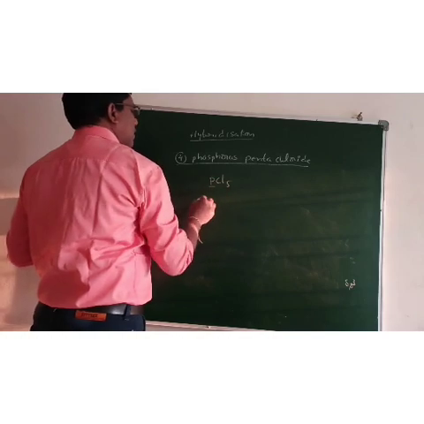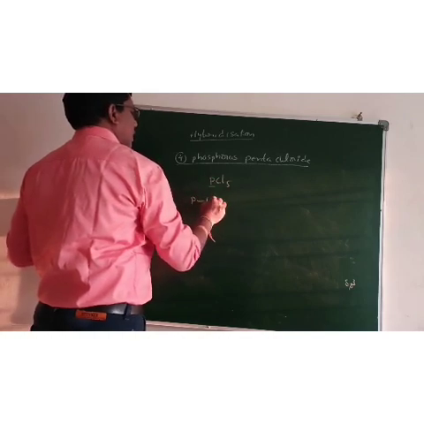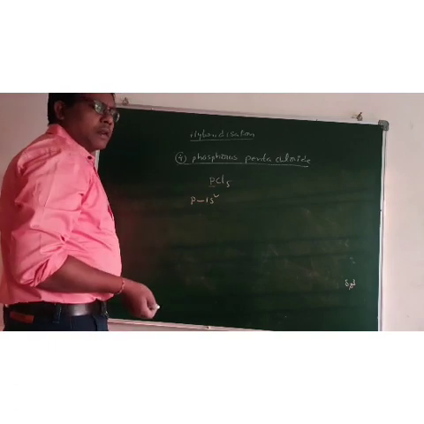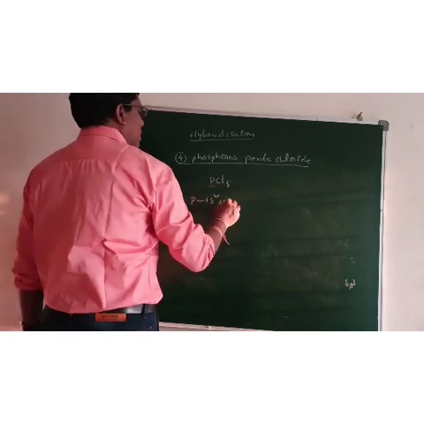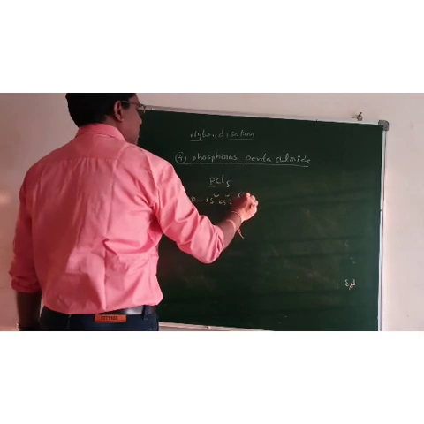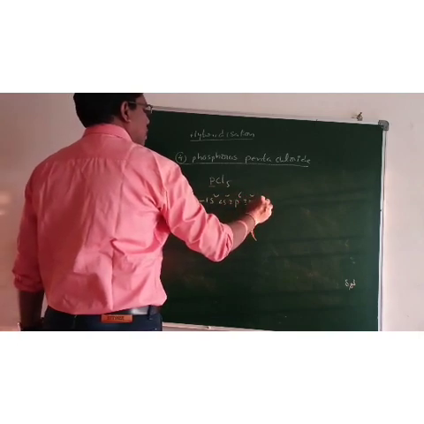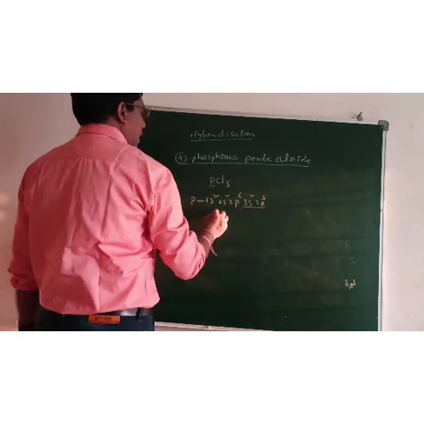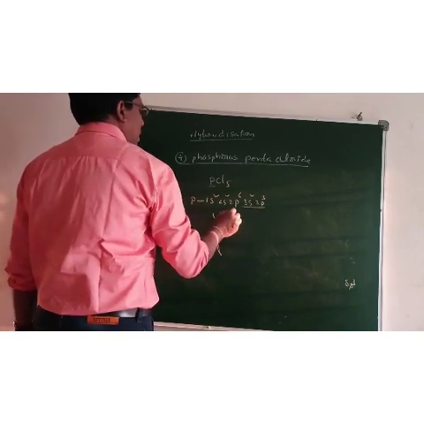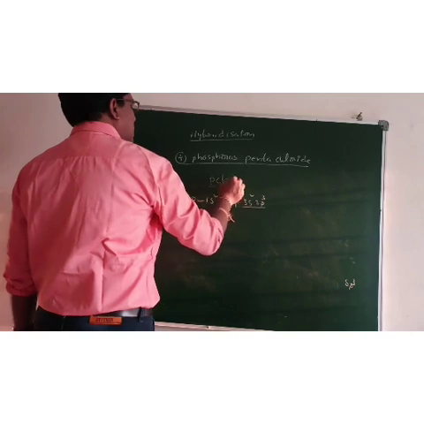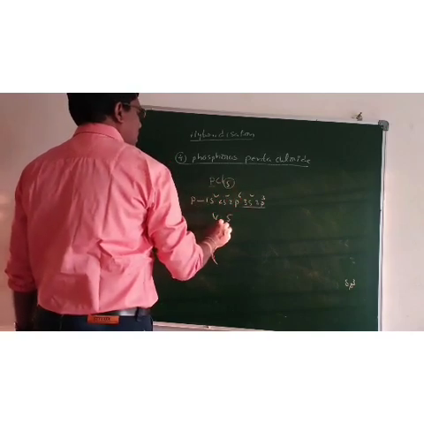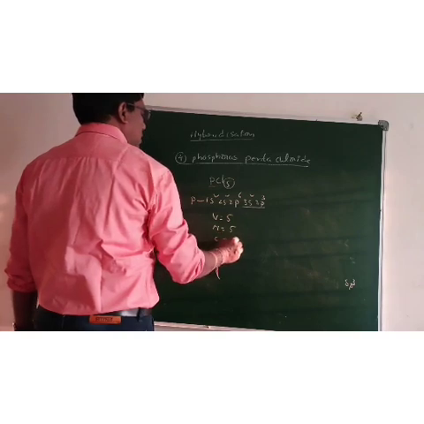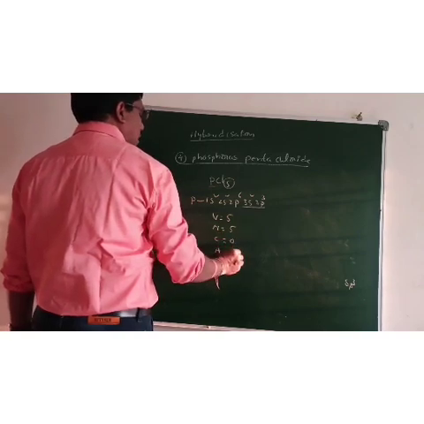The central atom is phosphorus. The electronic configuration of phosphorus, its atomic number 15: 1s2, 2s2, 2p6, 3s2, 3p3. So the number of valence electrons is 5. And here 5 monovalent radicals are attached to phosphorus, so M value is 5. It is a neutral molecule, once again cation charge 0, anion charge 0.